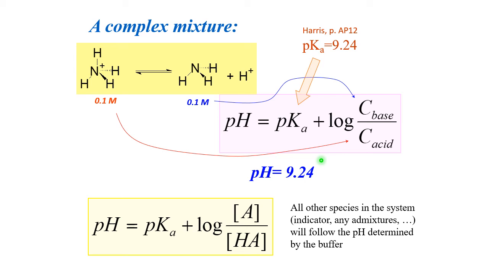Again, all other species in this system, say an indicator, any minor admixtures, will follow the pH determined by our main buffer with a high concentration. Whatever I am putting in a mixture of 0.1 molar ammonium chloride and 0.1 molar ammonia will have pH 9.24 and will distribute with its own constants.